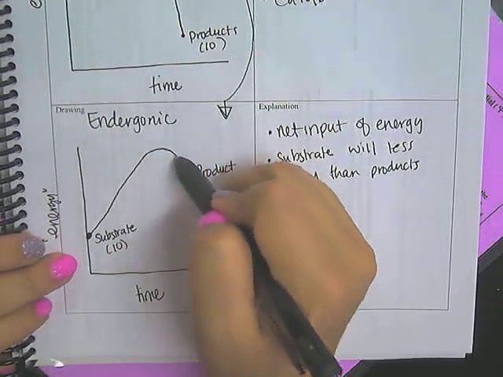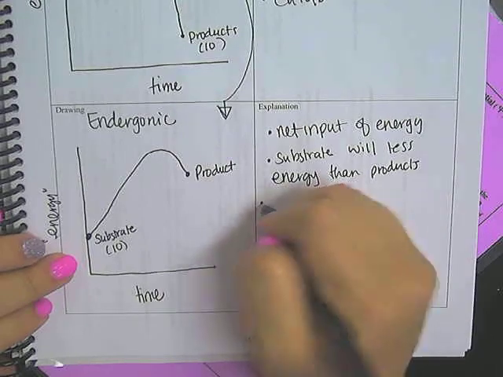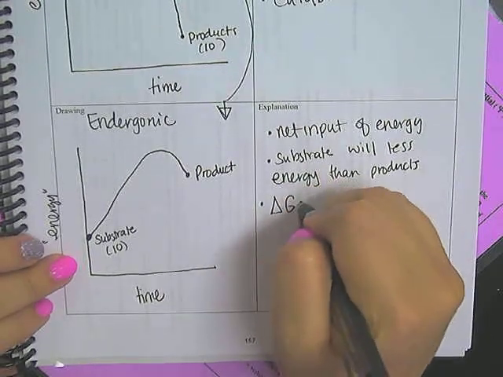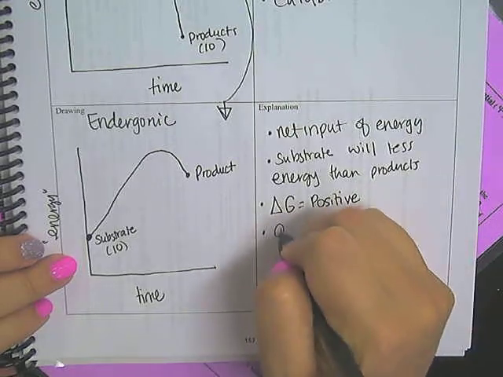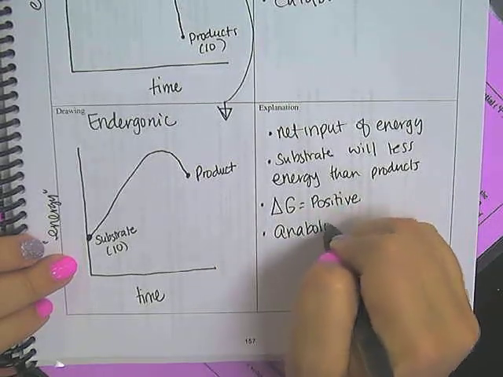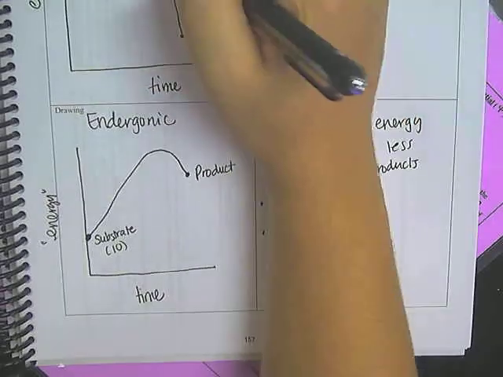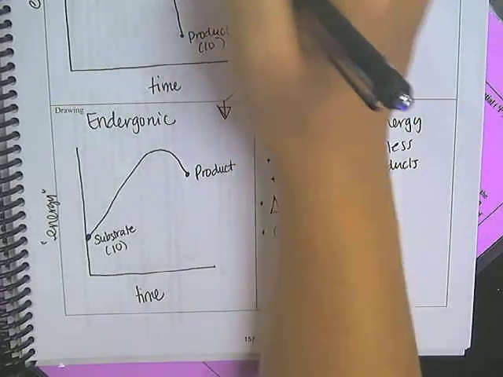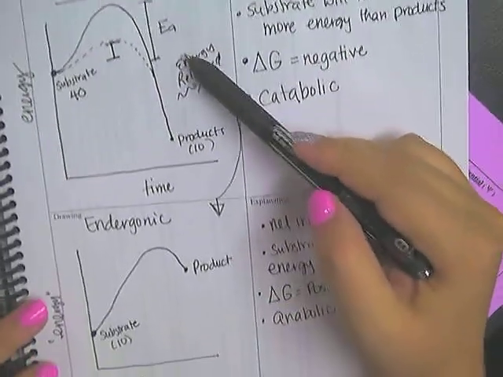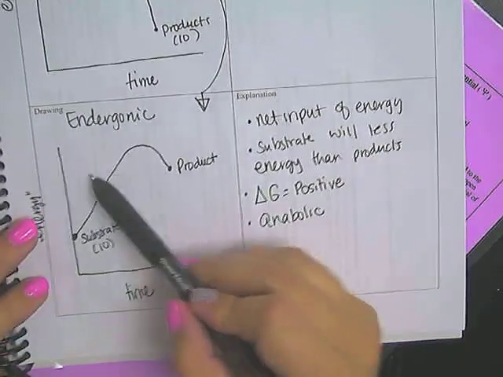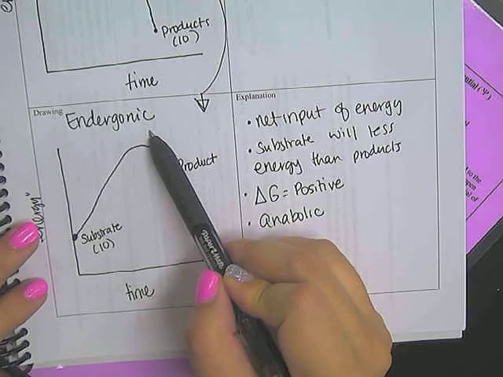So this graph will look like this. Our delta G is positive. And this is typical of anabolic reactions. So the energy that's released in these reactions is now being input into your endergonic reactions.